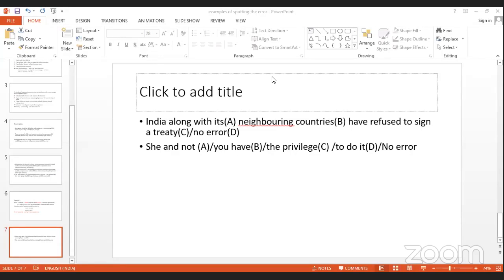These are all conjunctions. Along with, and not. What else are conjunctions? Put it in the chat box. Along with, and not, as well as, with, besides, rather than, all these are conjunctions.